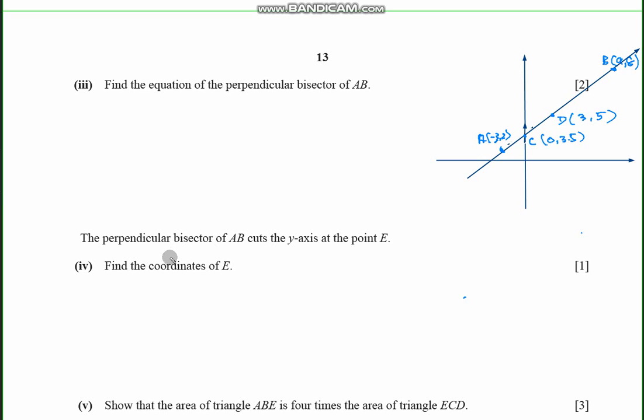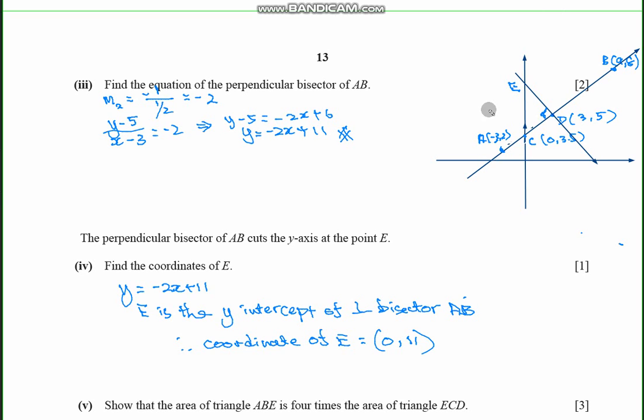Now, the perpendicular bisector of AB cuts the y-axis at point E. So you have no choice. If you want to proceed, then you have to find the perpendicular bisector.